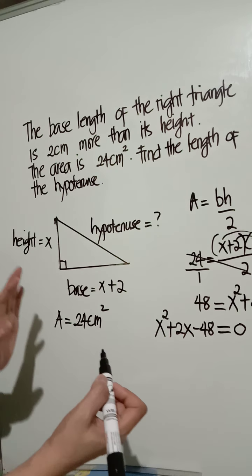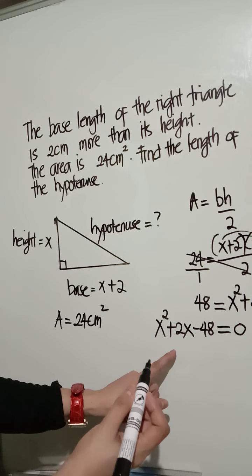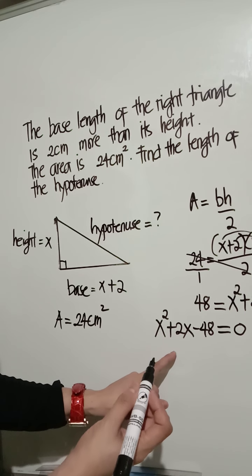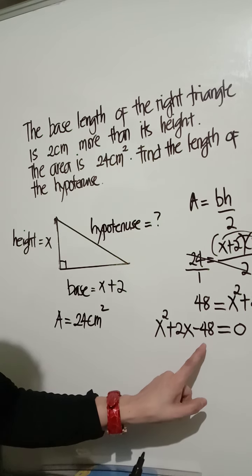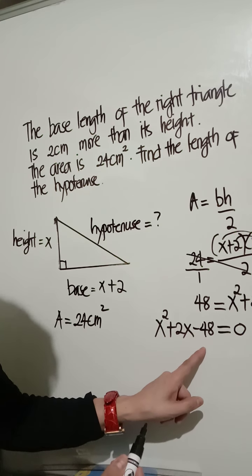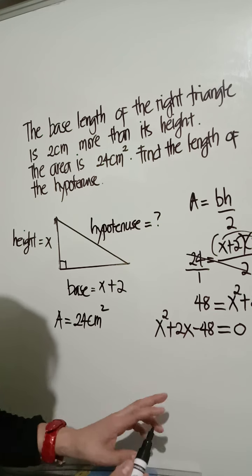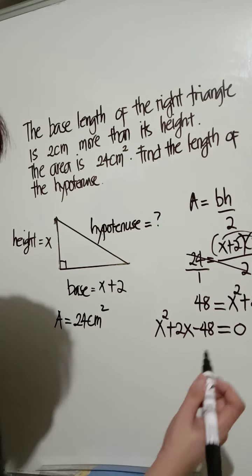Okay, so how are we going to get x? Can we use extracting square roots? Not, because it is not in the form of x squared is equal to k. Okay, so we can solve by factoring. Let's try the factoring method.